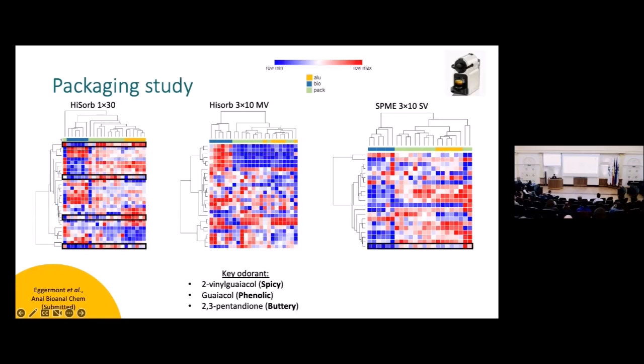Then if we look more in detail within the features, or the compounds that we can obtain, we can identify some key odorant compounds such as 2-vinyl guaiacol and guaiacol. And what can be observed is that the key odorant compounds are present in a lesser amount in the biodegradable capsule, which is already known for oxidized or aged samples.